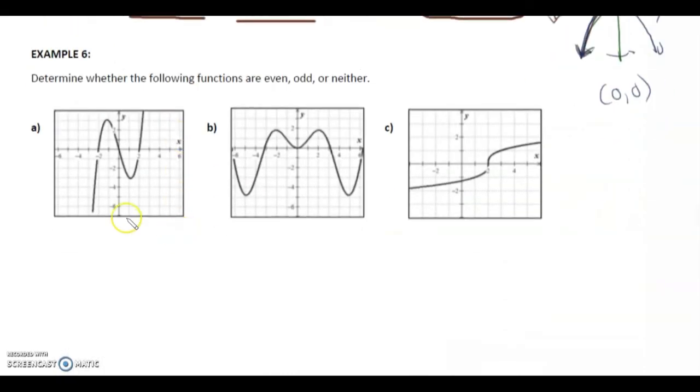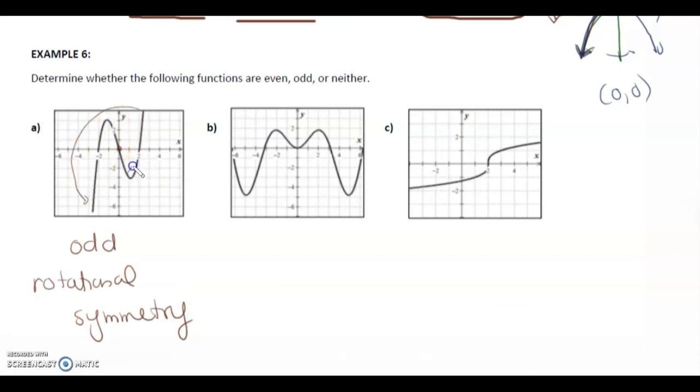Okay, so let's take a look. Determine whether the following functions are even, odd, or neither. So in A, I feel as though this is going to be odd because it has rotational symmetry. Okay, I feel like this is going to rotate here, this is going to rotate here.